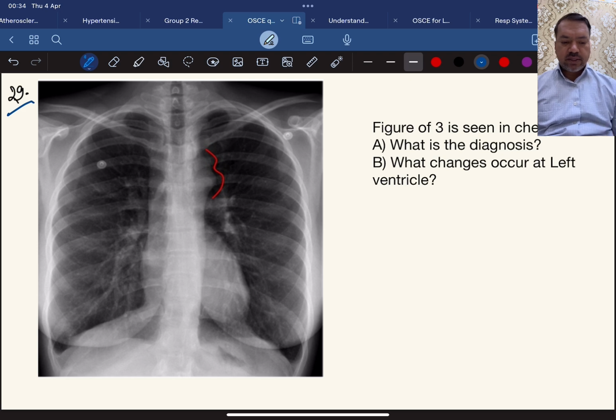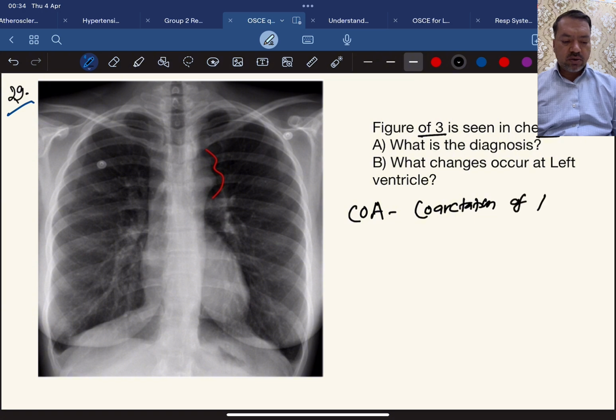Now another case is from the cardiovascular system. Very clearly there is a figure of 3 appearance in the chest X-ray. If this type of X-ray is shown, then this is a case of coarctation of the aorta. And you all know what coarctation of the aorta is.